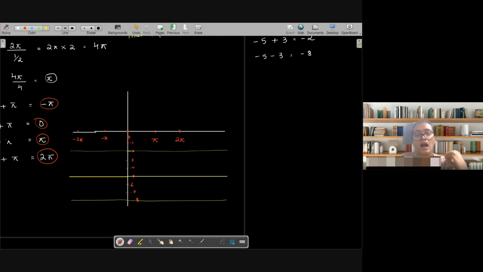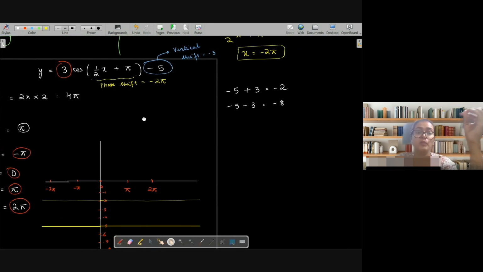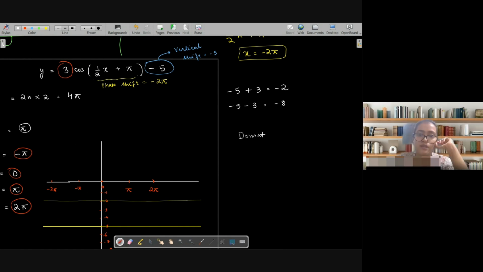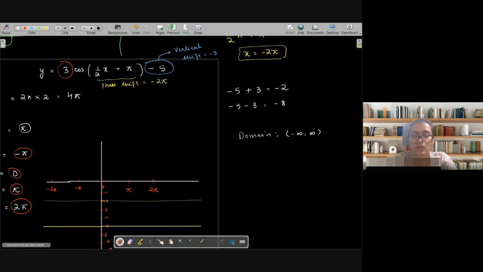After this, your teacher can also ask you to find the domain and range. The domain is always all real numbers unless it is restricted. Unless they give you some interval to draw in, then the domain will change.